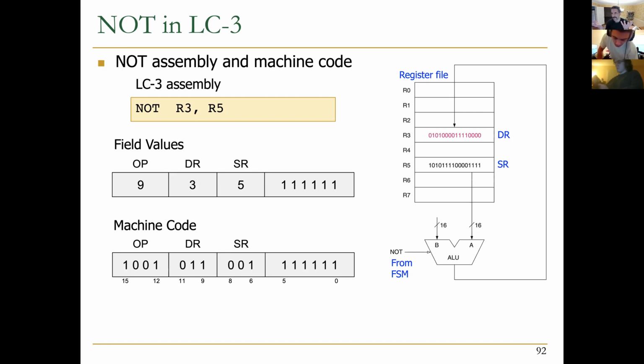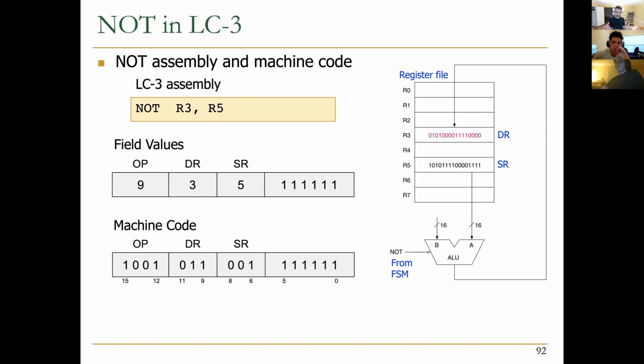Obviously, this comes from your finite state machine. So again, back to the finite state machine, how could you find out what instruction you want to execute? This obviously comes from your opcode, right?